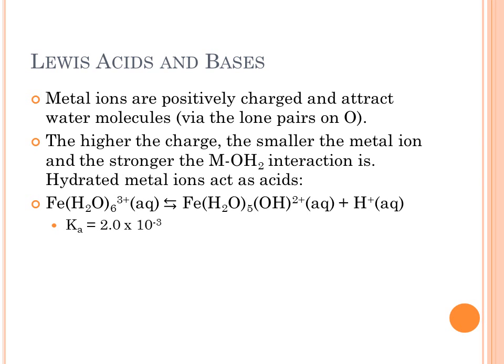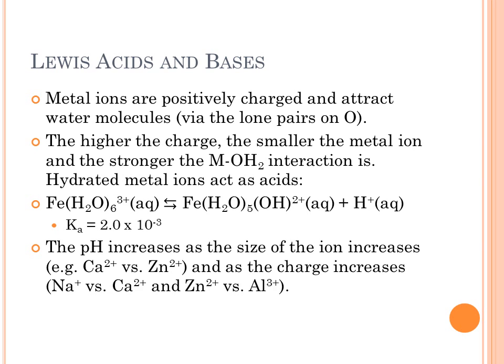So the iron hexahydrate 3 plus will ionize to form an iron pentahydrate with a hydroxide group on it with a 2 plus charge and a plus 1 hydrogen ion, Ka 2 times 10 to the negative third. Acidity decreases as the size of the ion increases, like your plus 2 calciums and zincs are not terribly acidic, and sodium is not really acidic at all, where aluminum is decently acidic.